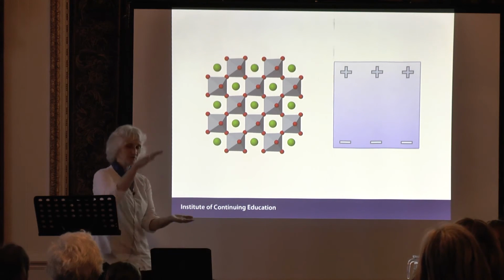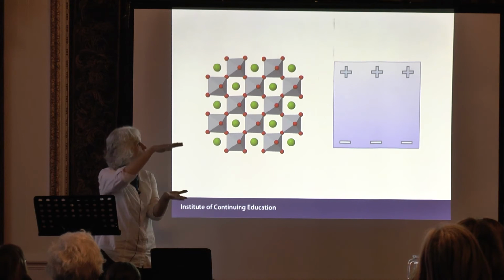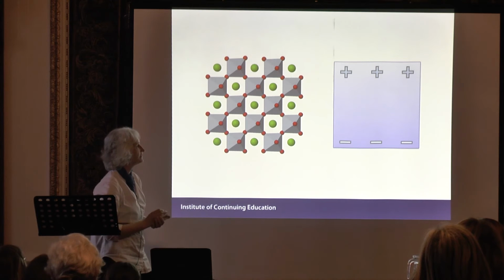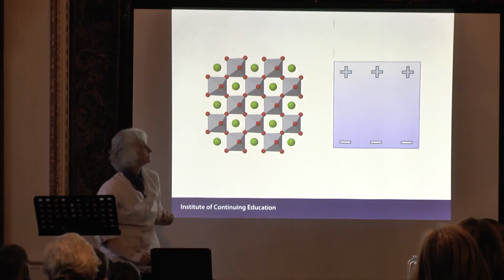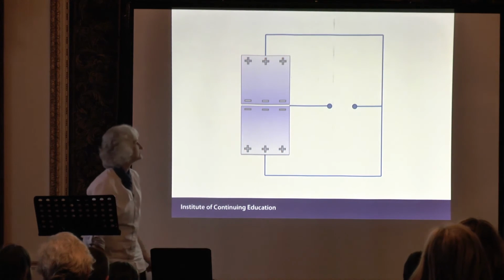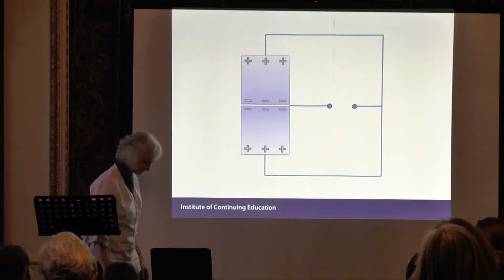Now, if you imagine squashing that octahedron, we're going to upset the symmetry even more. It's going to be broken even further. And it's going to change the distances between those positive and negative charges. And this is exactly what happens inside our gas lighter.